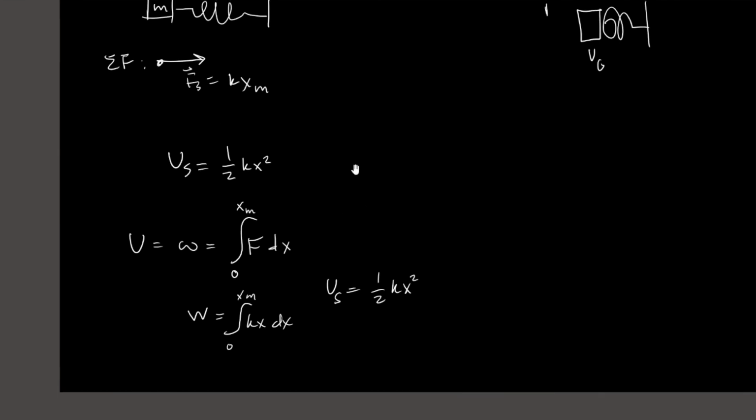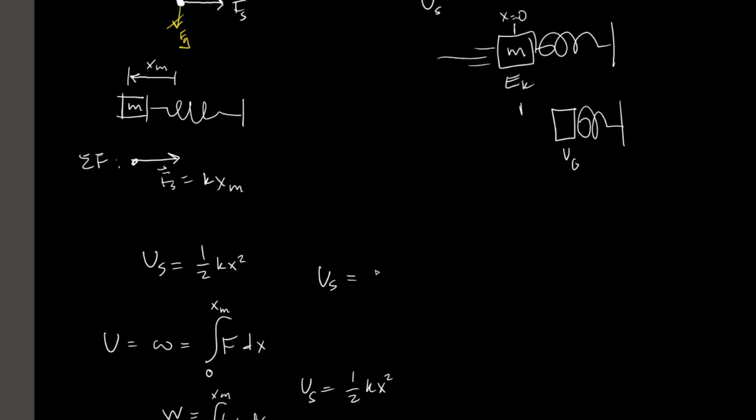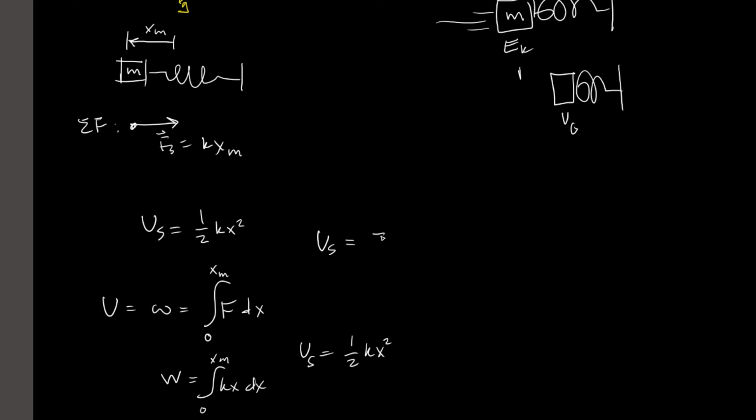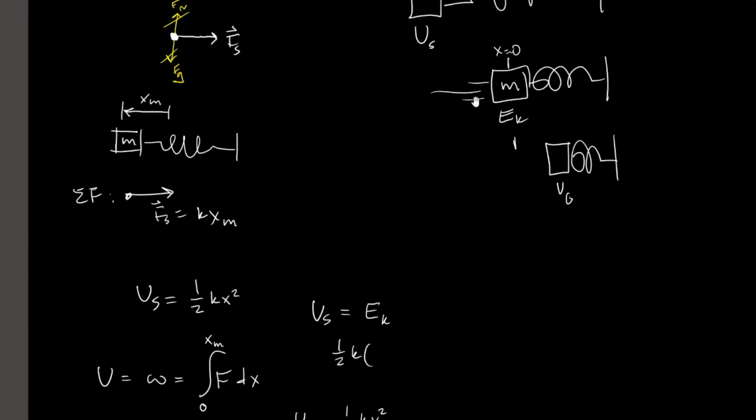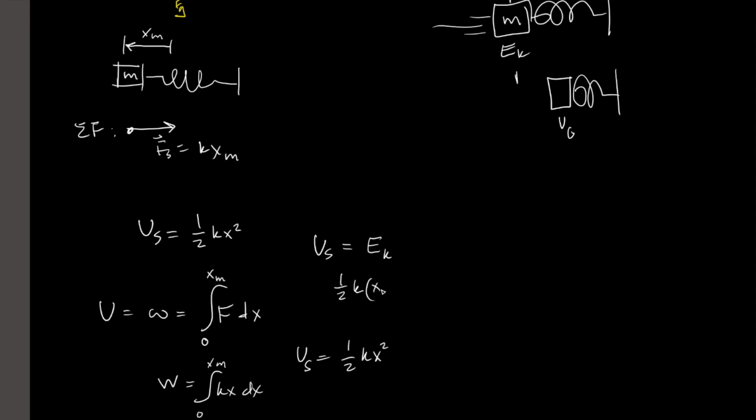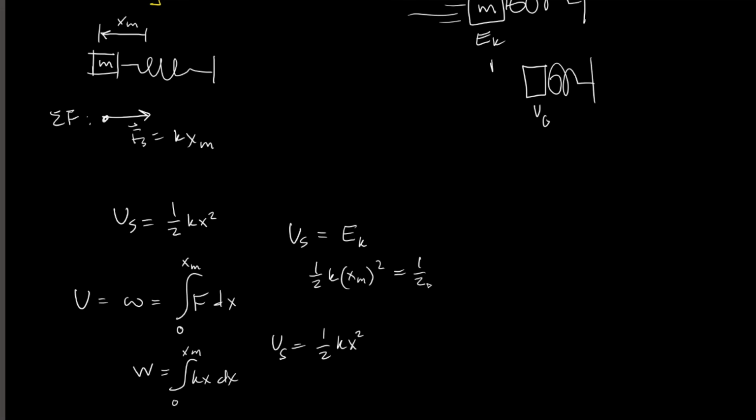So we can compare that potential energy, U_s, at this point to our kinetic energy at this point, which gives us an expression: 1/2 k times our maximum displacement, x_m, squared, is equal to 1/2 m v squared, which is the equation for kinetic energy. 1/2 multiplies both sides, so we can cancel it out.